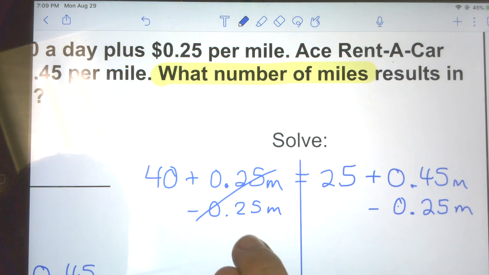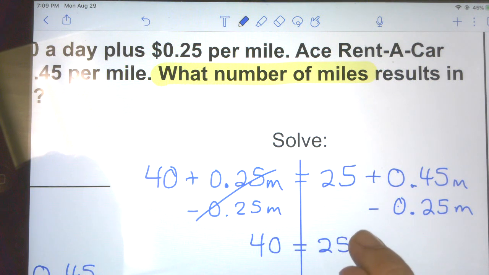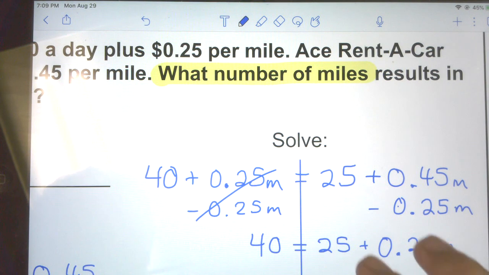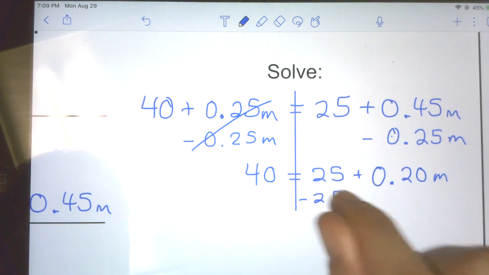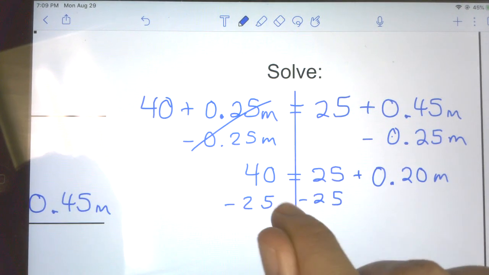These will cancel. We're left with 0 equals 25 plus, I can do this mentally, 0.20m. All right. Now it's a two-step equation, so I'm going to subtract 25 from both sides.